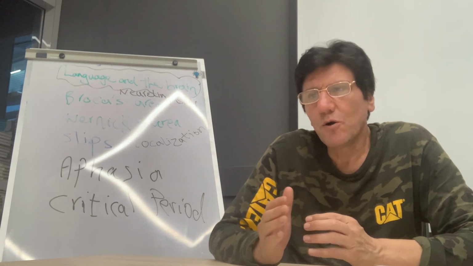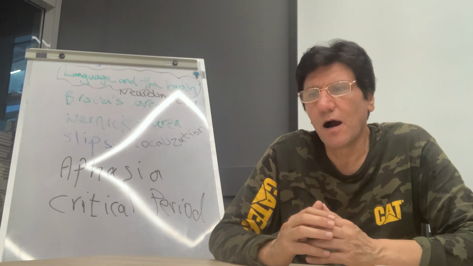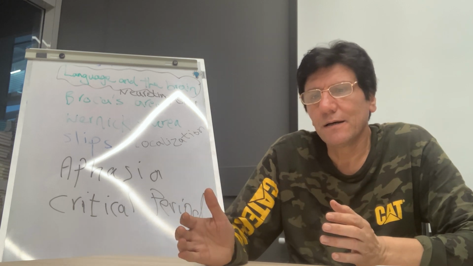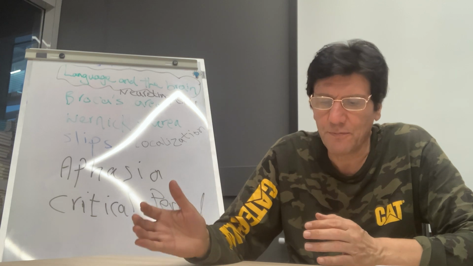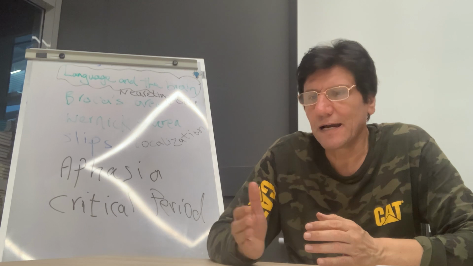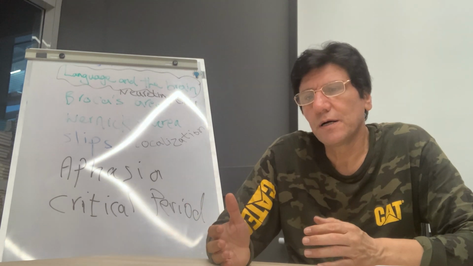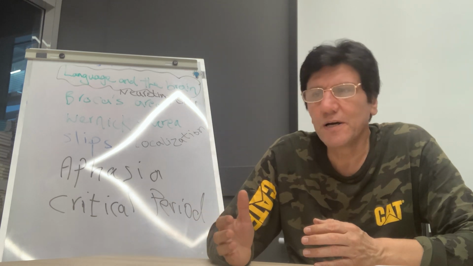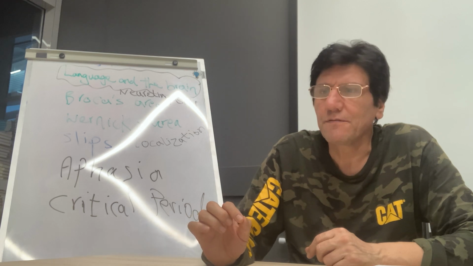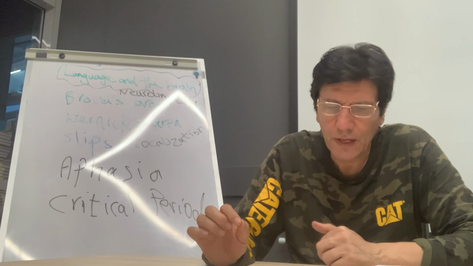The localization view is the specification of particular functions in specific parts of the brain, such as the left hemisphere and the right hemisphere, and their functions. Also, Broca's area and Wernicke's area. These specifications are referred to as the localizational view.